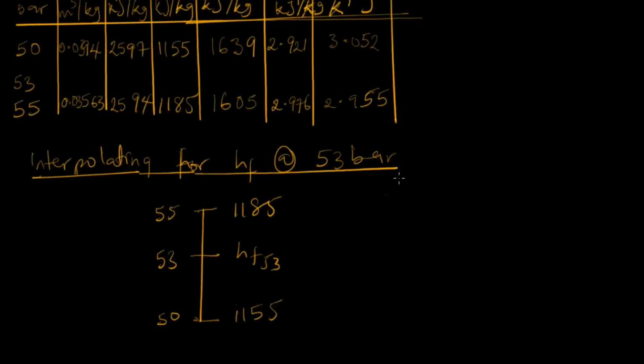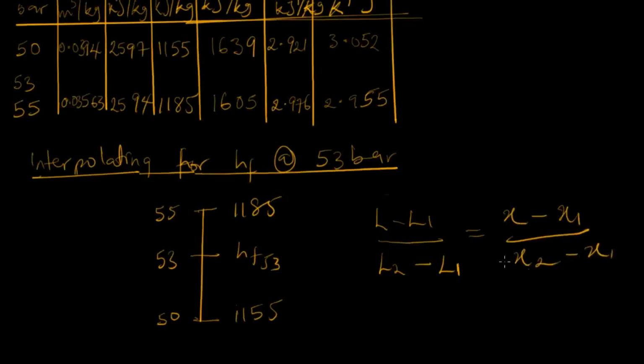Now the formula for this interpolation is L minus L1 over L2 minus L1, is equal to X minus x1 over x2 minus x1.